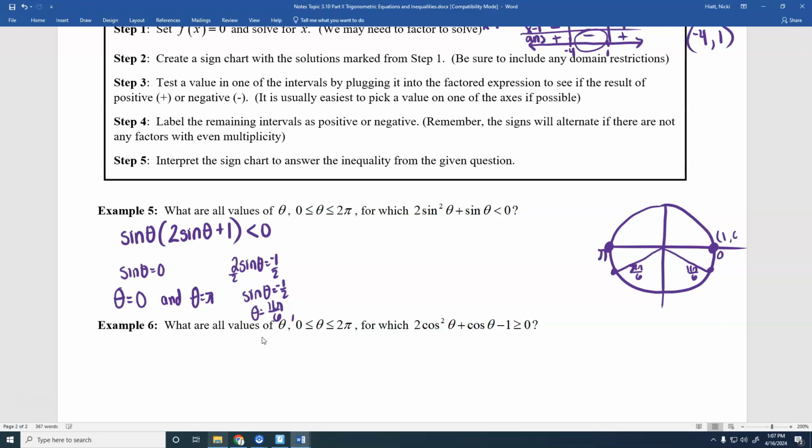This is 1, 0. I'm sorry, negative 1, 0. This is negative square root of 3 over 2, negative 1/2. And this is positive square root of 3 over 2, negative 1/2.